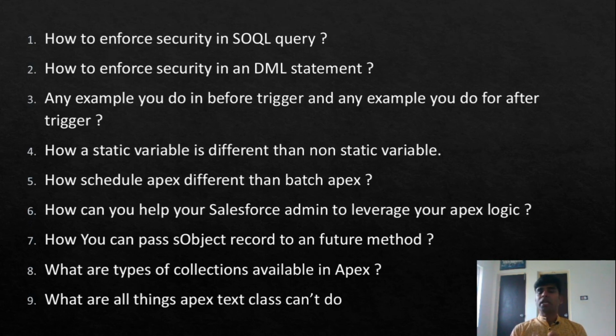What types of collection are available in Apex? There are three types of collection generally available in Apex. The first one is set. A set is a collection which can contain only unique values. You will not find a duplicate value inside a set.